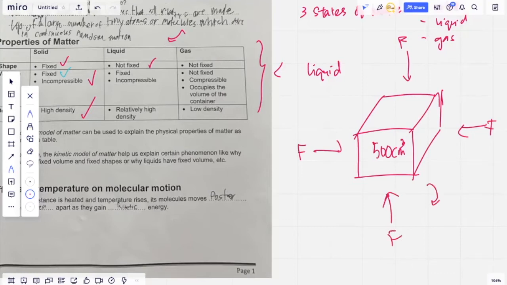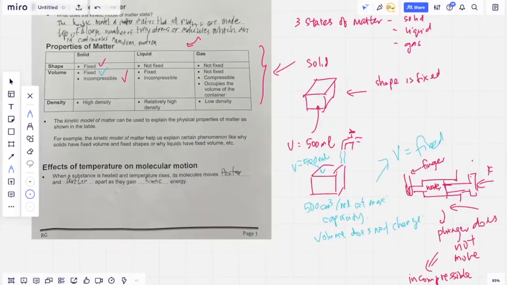The shape remains the same, and the block does not decrease in size, doesn't become smaller. Therefore, it is not compressible. So that's the first three ticks down there.